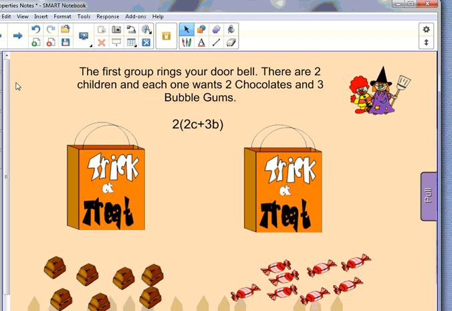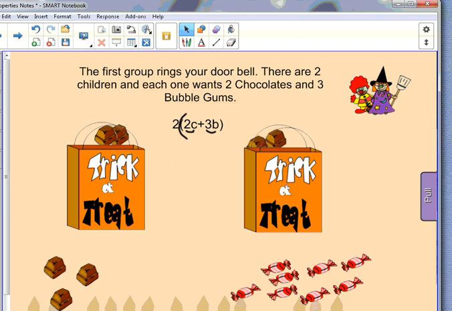You have 2 kids. Those 2 kids want 2 chocolates and 3 bubble gums in each bag. So you need to take 2 chocolates and 3 bubble gums and put it into a bag how many times? 2 times. Because you're multiplying by 2. So you would have to take 2 chocolates, put them there, 2 chocolates, and put them there, right?